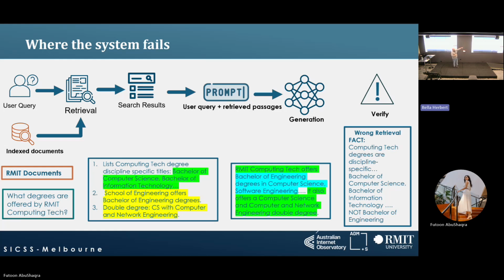So every step of this pipeline has a point where it can go wrong. So it is important to understand each of these when you are judging a RAG system. This is one example of what I want to show you, a limitation of the RAG system.